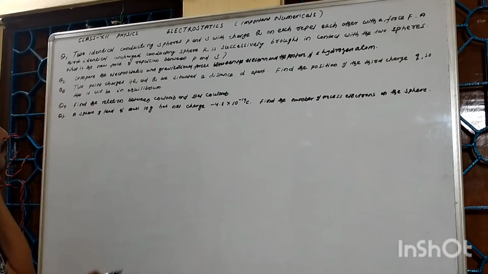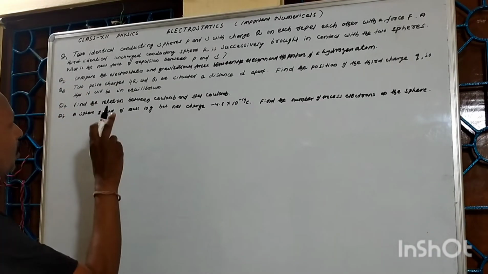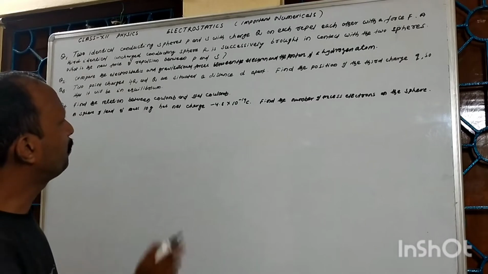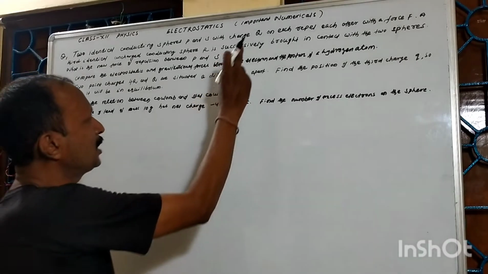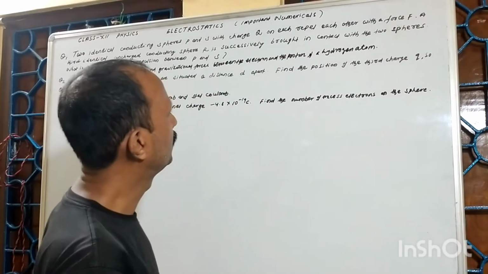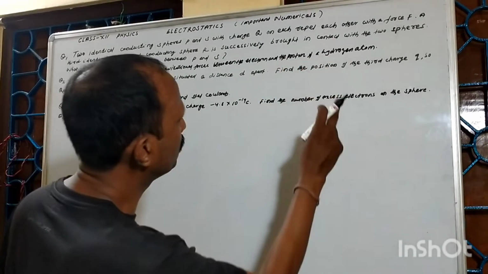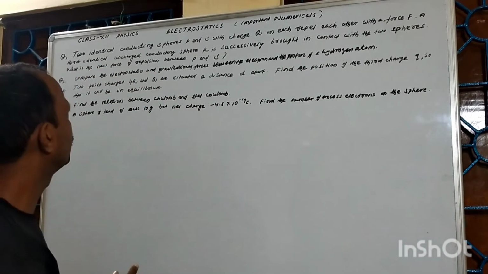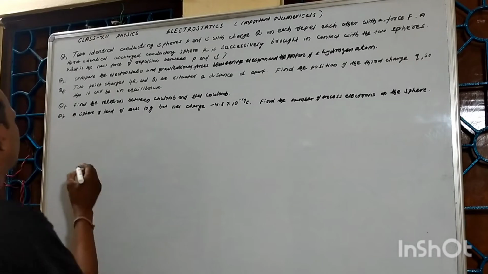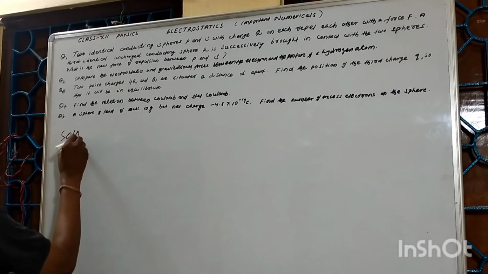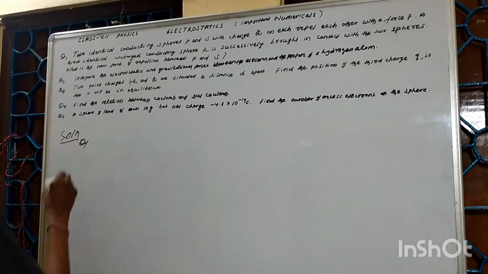First question is, two identical conducting spheres P and S with a charge Q on each repel each other with a force F. This is the solution of question number 1.